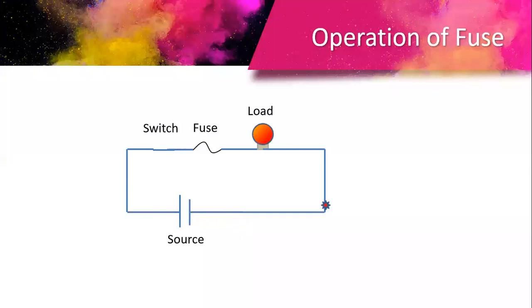Now, if I overload this or cause a short circuit in the closed loop at any point, then what happens? Theoretically, the current is increased enormously. At that condition, the heat developed, I squared R T by J, is very high, and the heat is cumulative as time passes. When the temperature reaches the melting point, the fuse metal will melt.